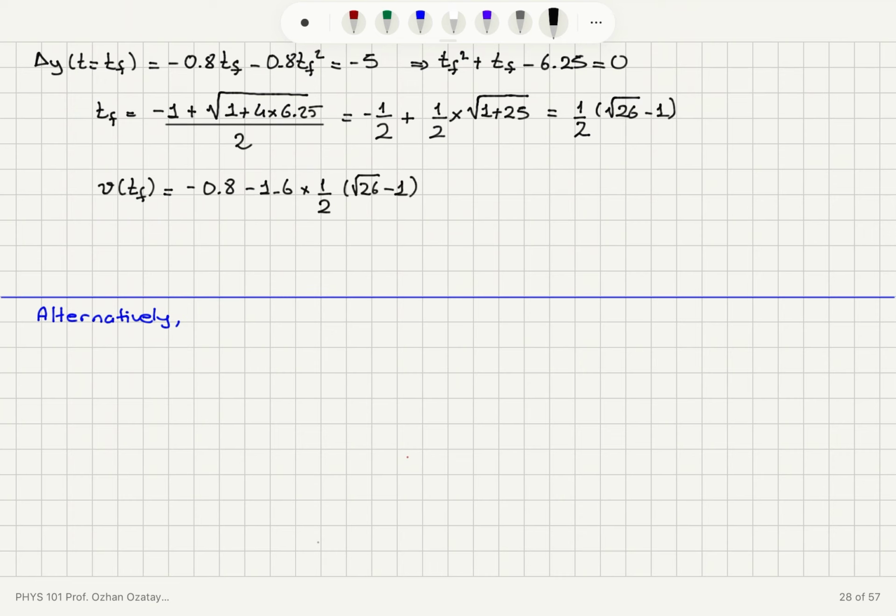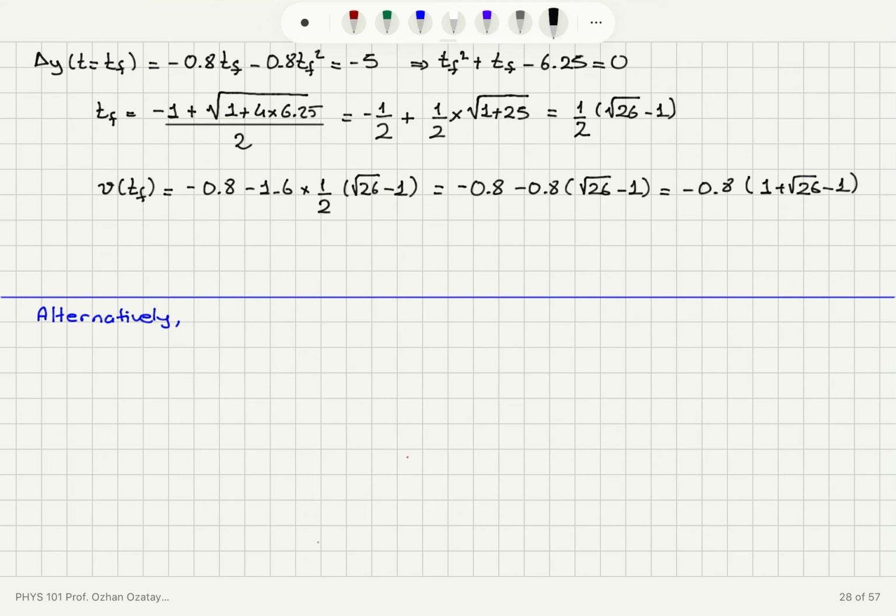So that gives me minus 0.8 minus 0.8 times (square root of 26 minus 1), which is minus 0.8 times (1 plus square root of 26 minus 1).